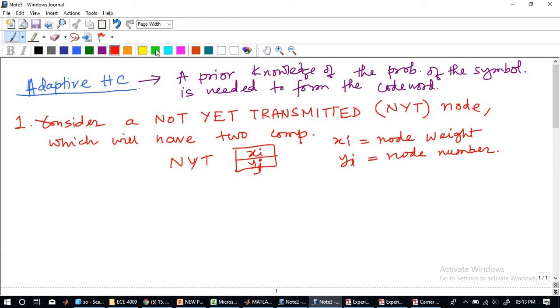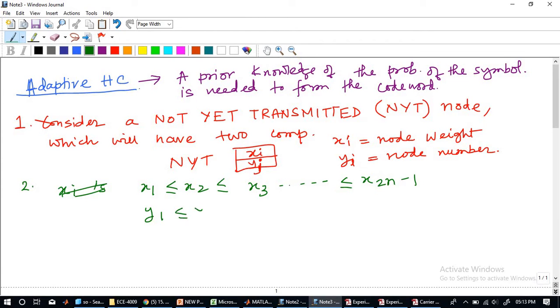The second point is the condition on Xi in this case: X1 less than or equal to X2 less than or equal to X3, up to less than or equal to X of 2n minus 1.